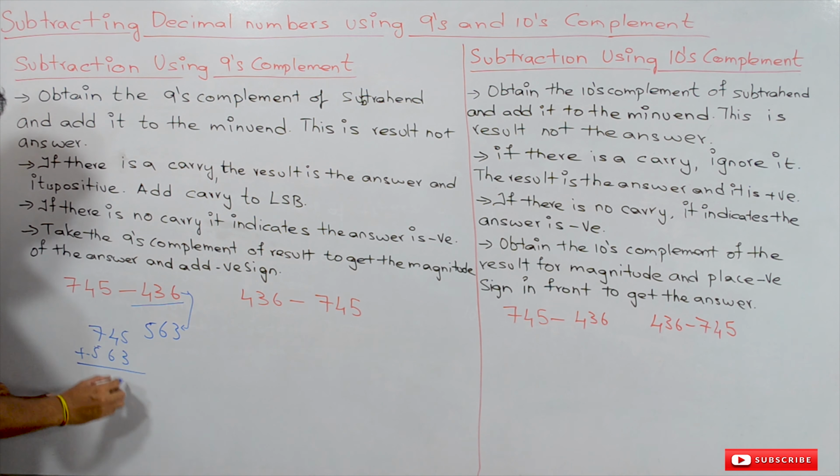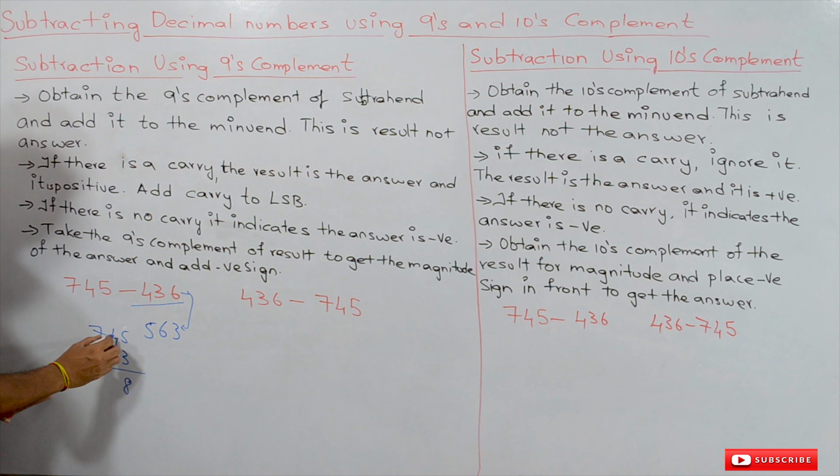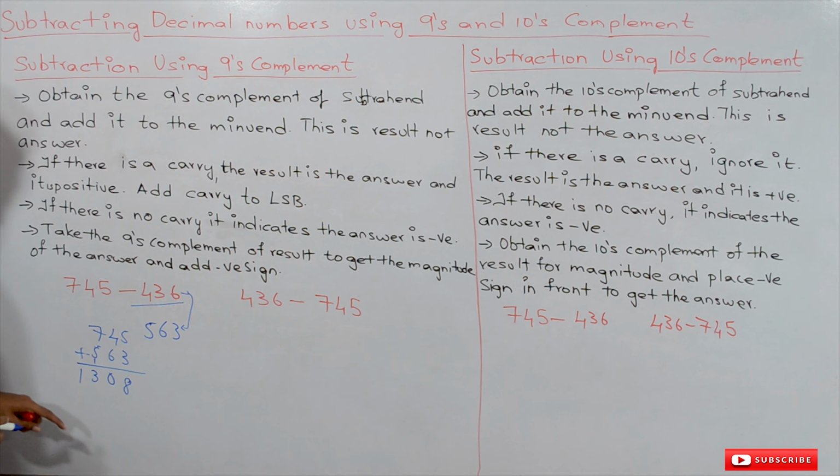What is the sum of this? 5 plus 3 is 8, then 10, then 7 plus 5 is 12, 13. So the answer is 308. Okay, sorry, it is 1308.